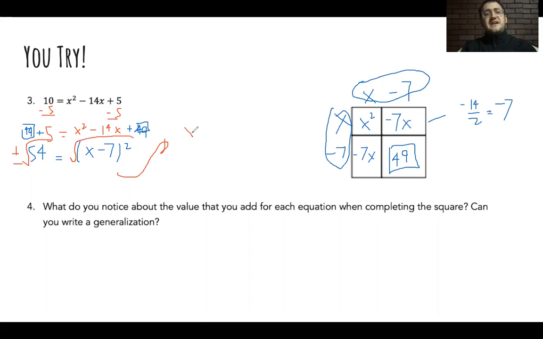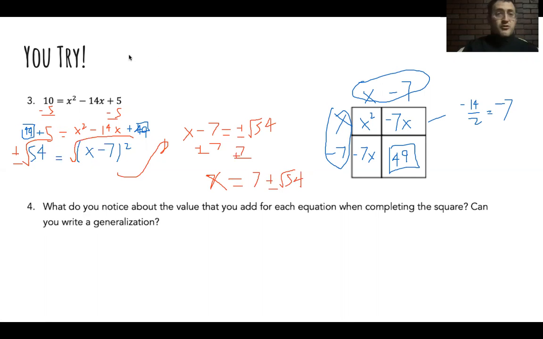So I have x minus 7 equals plus or minus root 54. And I'm just going to move the 7 over to the other side. So we're going to have x equals 7 plus or minus the square root of 54.